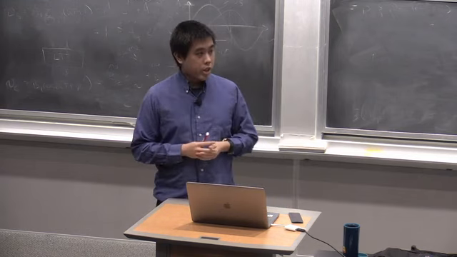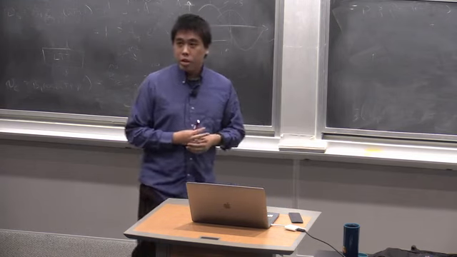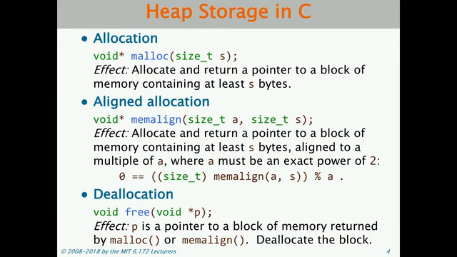We also talked about deallocation, so you can free memory back to the heap with the free function. If you pass it a pointer p to some block of memory, it's going to deallocate this block and return it to the storage allocator. And we also talked about some anomalies of freeing.